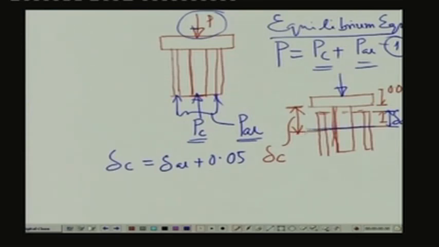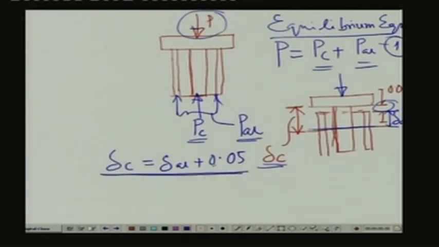If this total deformation we call delta C, then delta C consists of two parts. One is this 0.05 millimeter gap which has to be made up by the copper tube or the rod along with the deformation of this sleeve.